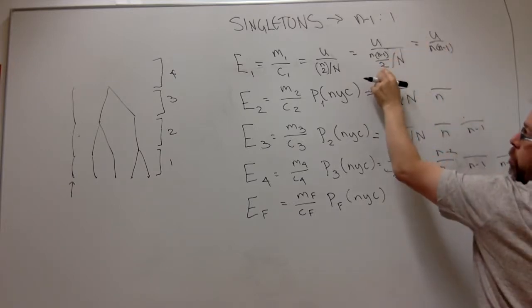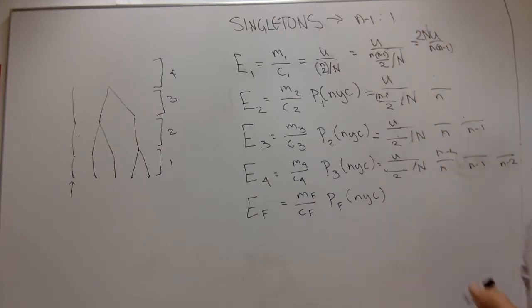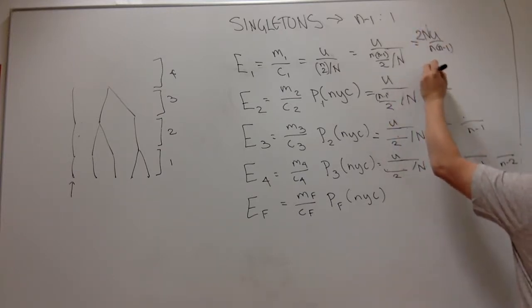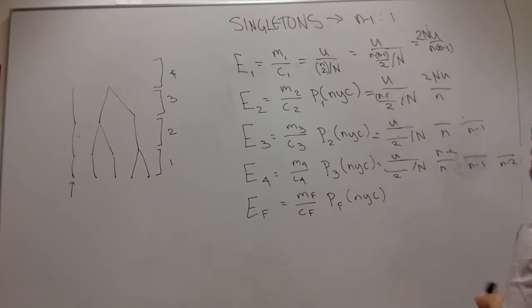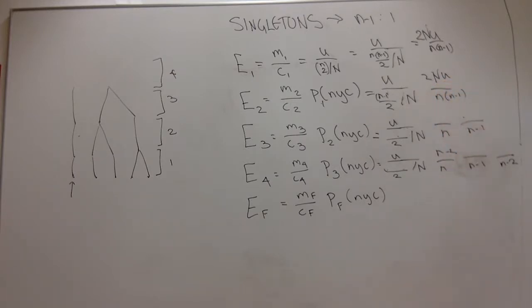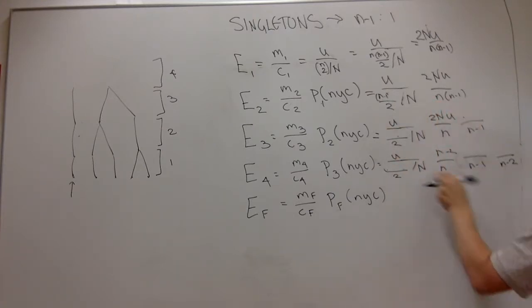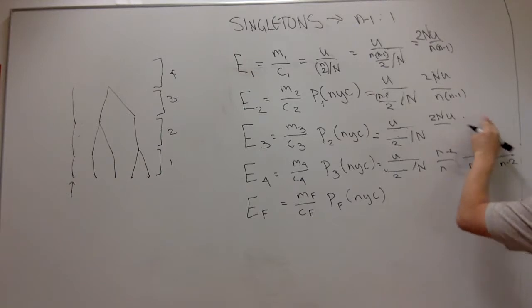And I'm going to move this 2 and this n up to the top. So 2nu. Here we also get 2nu divided by n times n minus 1. Here we get 2nu divided by n times n minus 1.